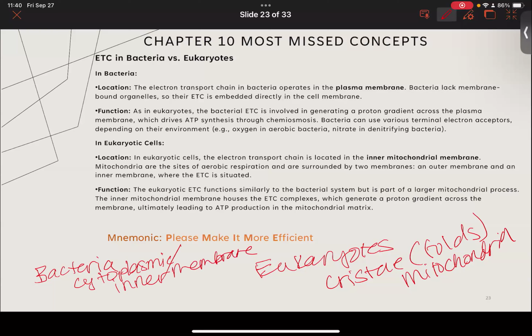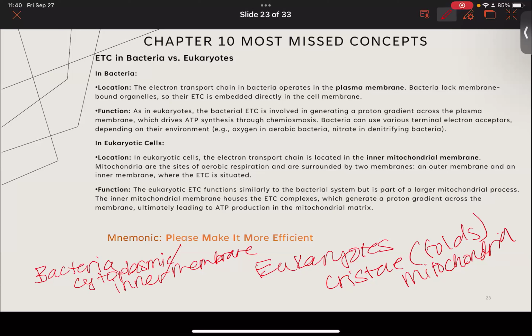They don't have any other membrane for this to happen on. Literally, they don't have any other membrane. So this has to happen on their inner membrane. That's the electron transport chain only. The glycolysis and Krebs can happen in the cytoplasm for both of these guys. Okay, so that's what the question is on the test. It's going to refer to that, having to know that bacteria do it on their inner membrane and eukaryotes do it in mitochondria. All right, that's all this is getting at.